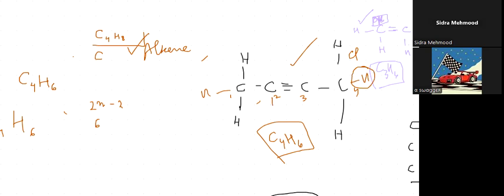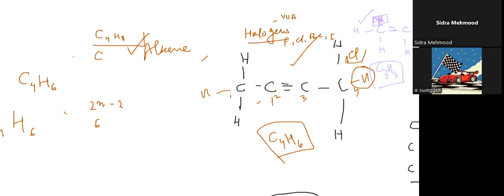They belong to group 7A: fluorine, chlorine, bromine, iodine. If you attach chlorine, bromine or fluorine instead of hydrogen, it will make the alkane, alkene, or alkyne a haloalkane, haloalkene, or haloalkyne.